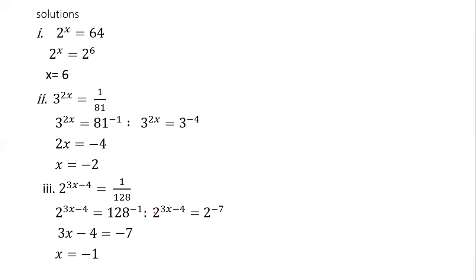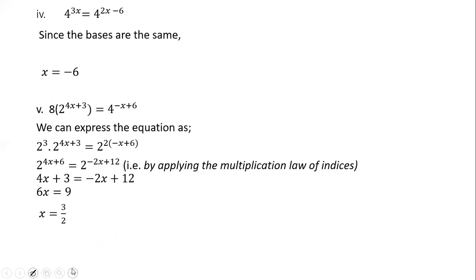So now the bases are the same. Hence, you can equate the exponents or the powers, to get 3x minus 4 equal to minus 7, hence x equal to negative 1.